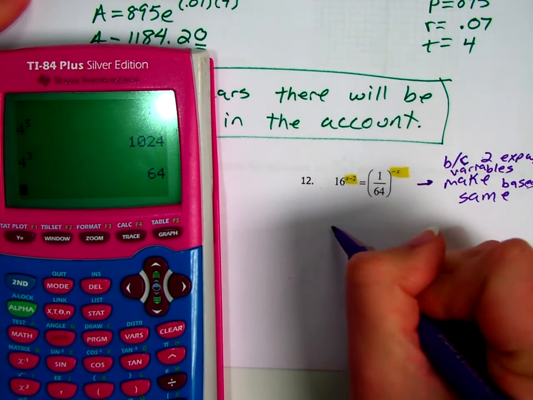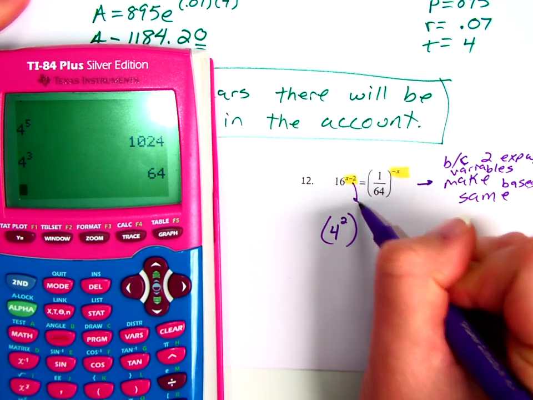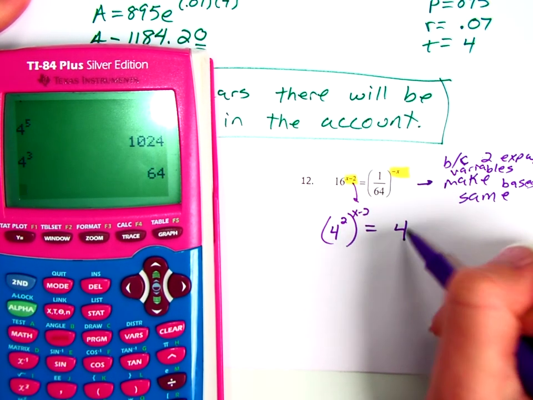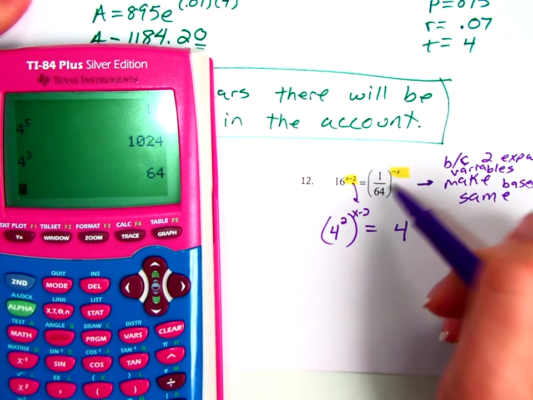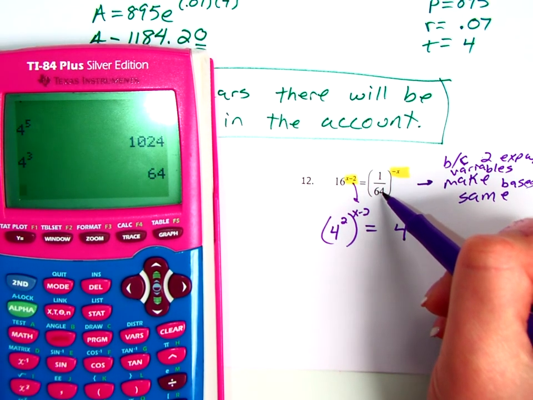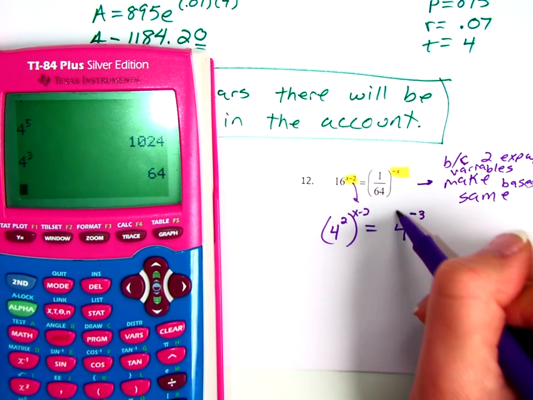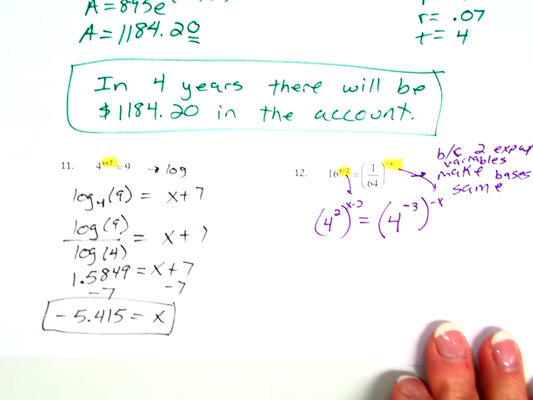So I'm going to make my base 4. So 4 to what power is 16? 4 to the second. And then we still have the x minus 2 on the outside equals, we're going to make the base 4 here, but since my number's in the denominator, my exponent has to be negative. And then we said 4 to the third power is 64, so 4 to the negative third would be 1 over 64, and we still have that exponent there.